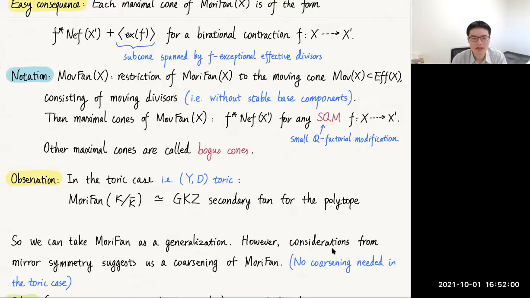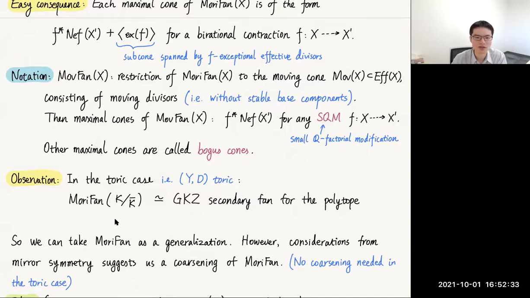However, considerations from mirror symmetry suggest that we should do a further step, which is that we don't just want to take this Mori fan, but we would like to remove something from the fan. We would like to take a coarsening of the fan. And in the toric case, we don't do anything. So in the toric case, it just coincides with the secondary fan.